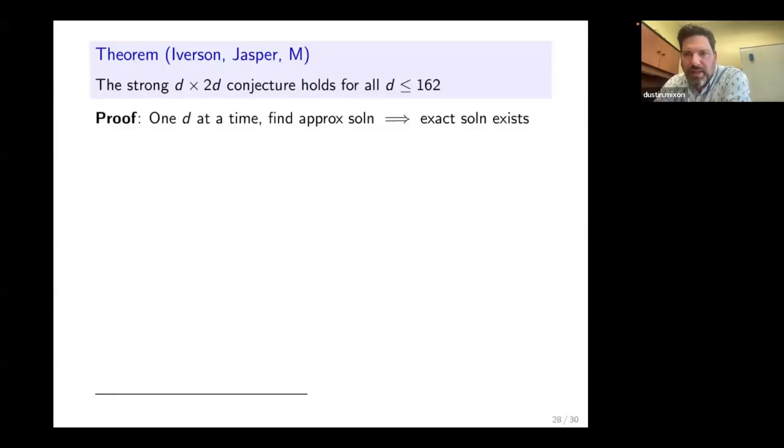You do some sort of local method to find something in MATLAB that doesn't exactly satisfy the constraints, but within numerical precision satisfies them. And then you conclude by some technology I'm about to describe, you conclude that there actually is an exact solution nearby. Okay, this is kind of the neat trick.